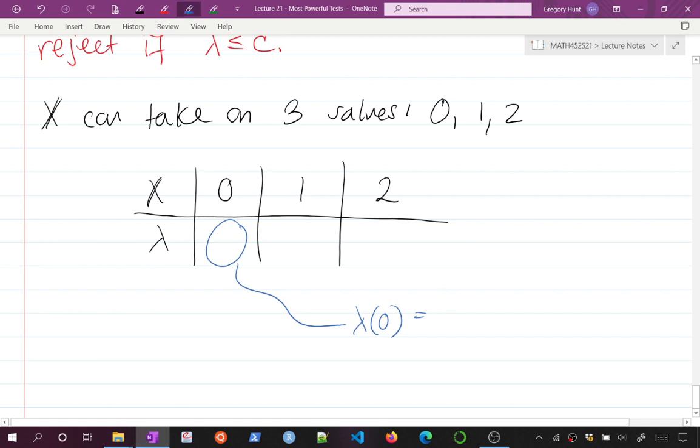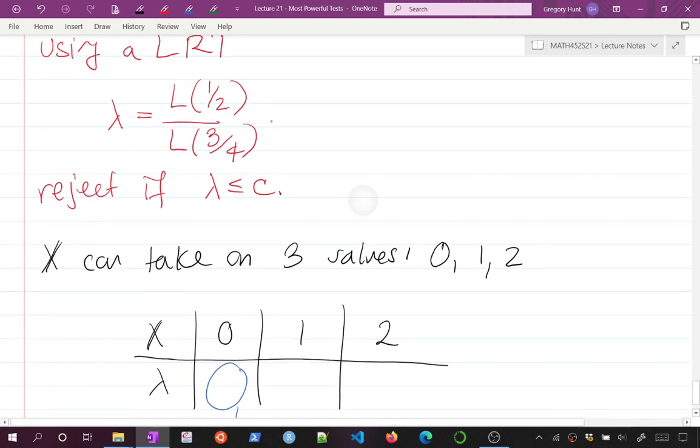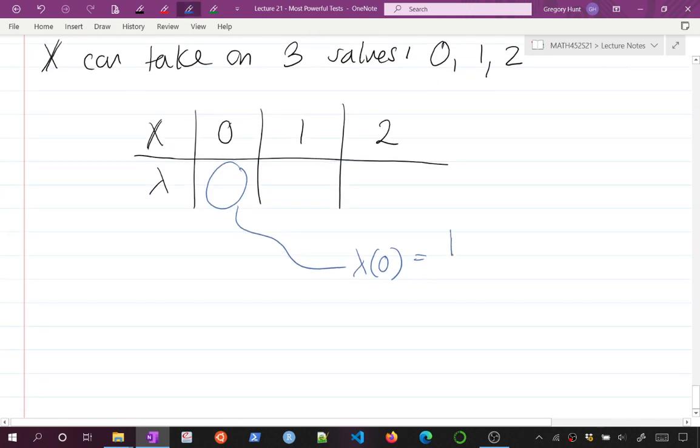The likelihood function at 1/2 is f of x at 1/2, and the likelihood function at 3/4 is f of x when theta is 3/4, right? So this is basically the probability that x is 0 when theta is 1/2, divided by the probability of x being 0 when theta is 3/4. So that would be my first value here.